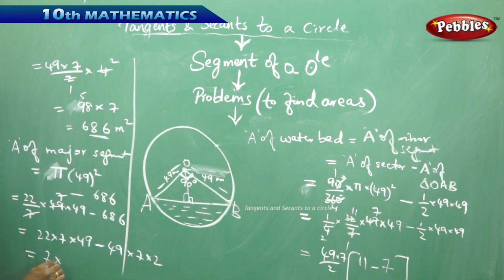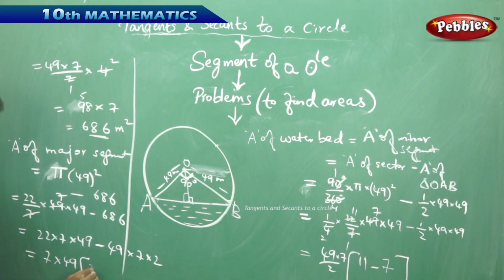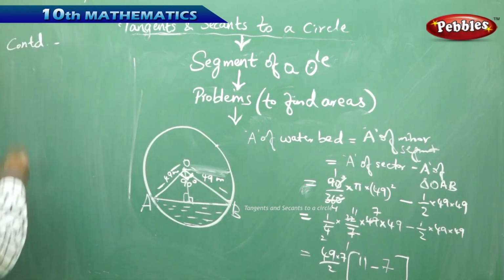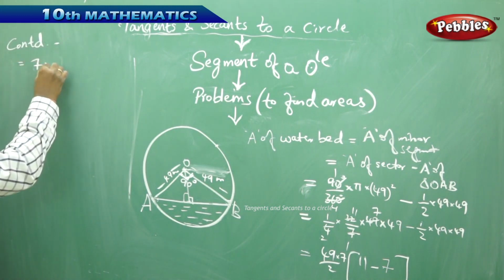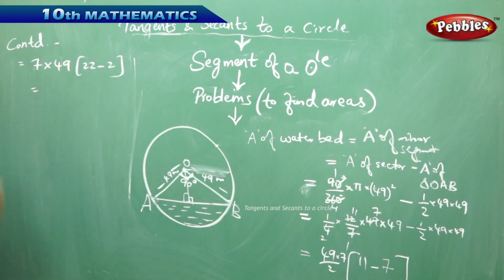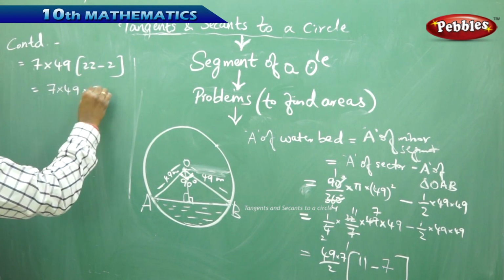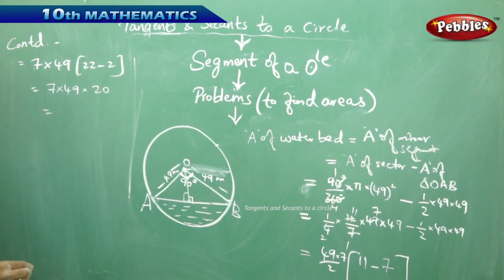Therefore, 7 times 49, which is taken common in both cases, gives me 22 minus 2. Now, to continue, I got this as 7 times 49 times 22 minus 2, which on further simplification gives me 7 times 49 times 20.